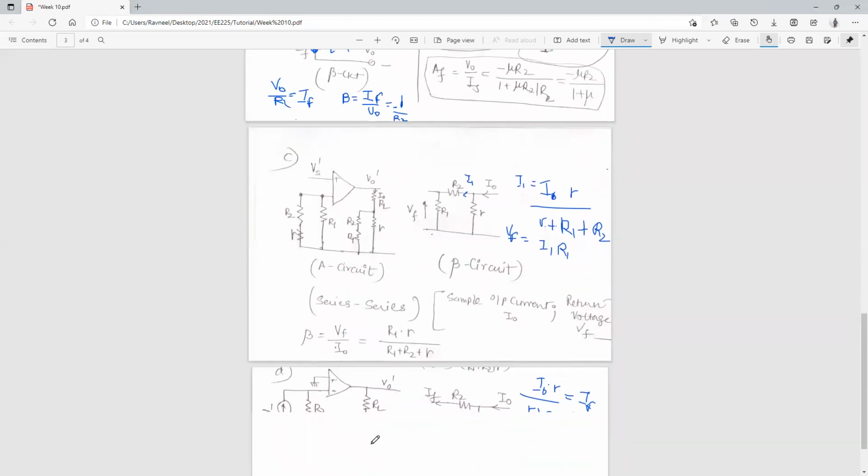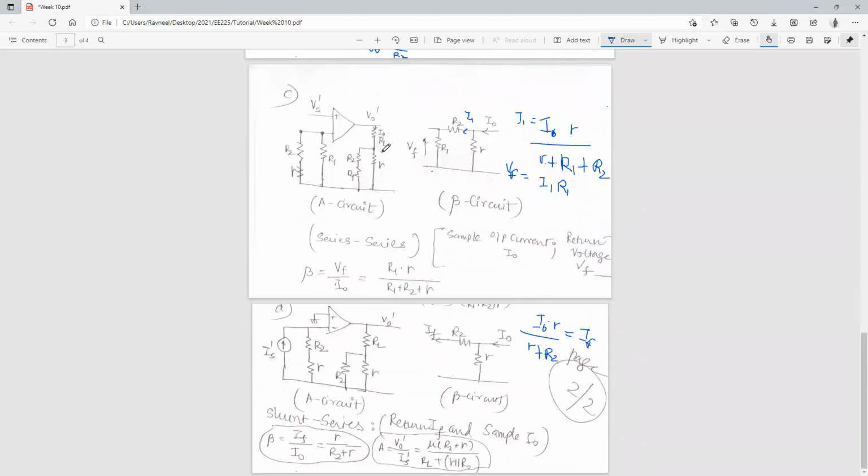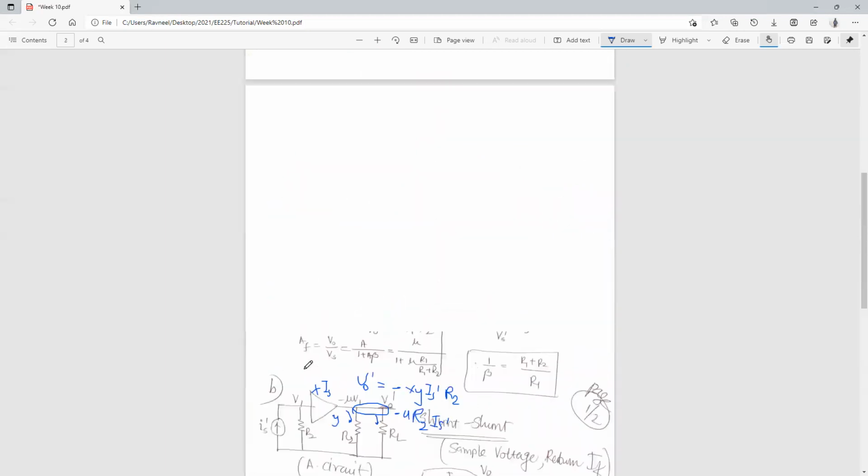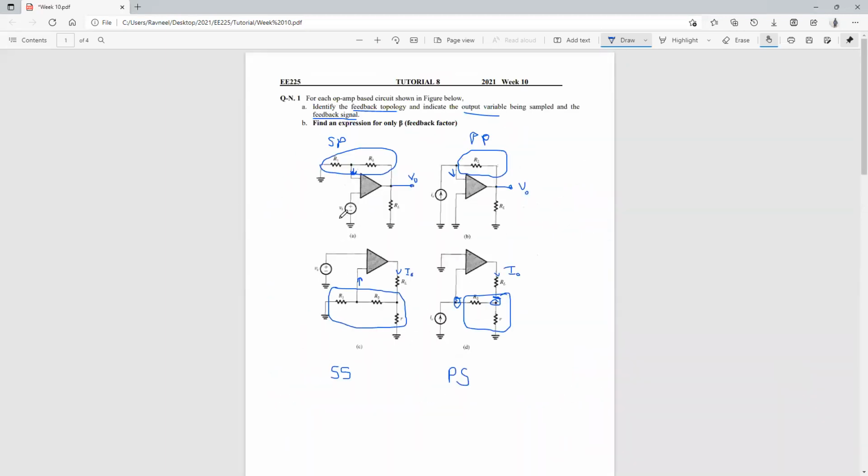Likewise for the other circuit, you can ignore that because we are sampling current, so the open loop gain could be something else as well. We are just concerned with the beta gain in the beta circuit, and how we are able to draw the alpha circuit, or the open loop circuit. So that was this week's tutorial.